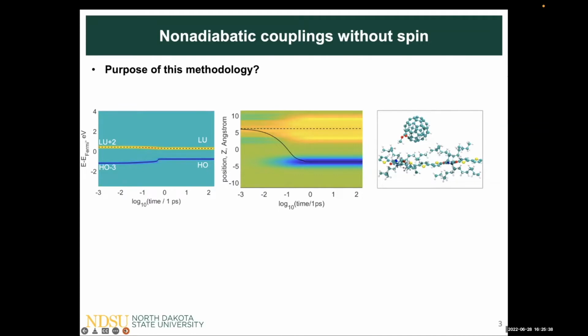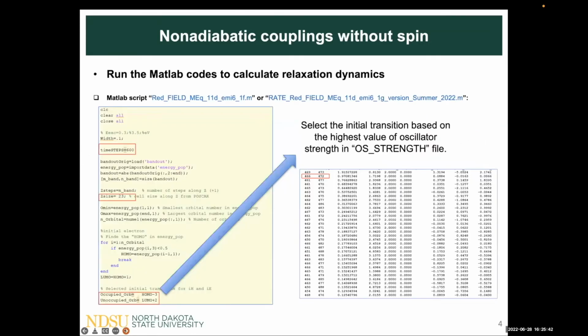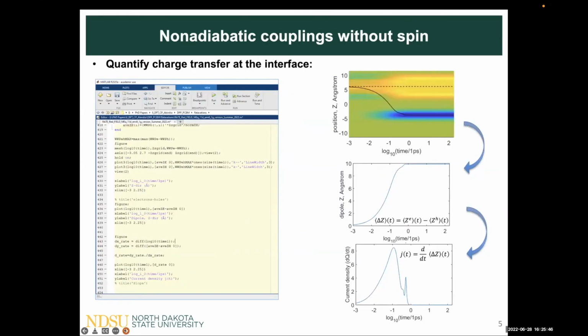So, Dr. Koenig, can we go next? We can skip this. I had to delete this one. As you can see on the right, the difference between positive and negative charges gave us the dipole, and the derivative of that dipole gave us the current density.